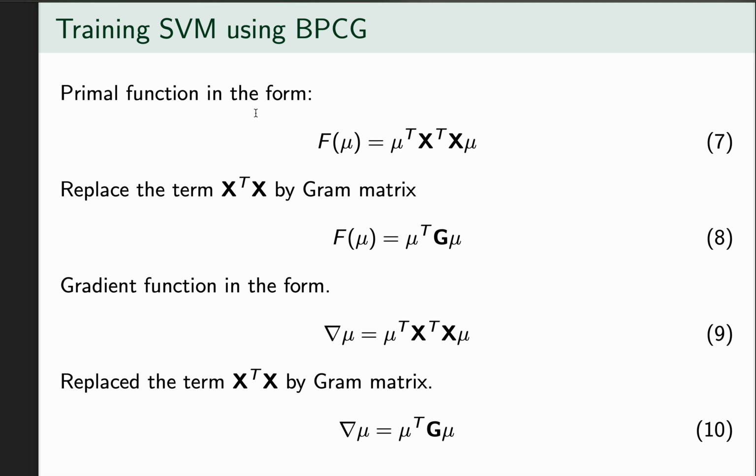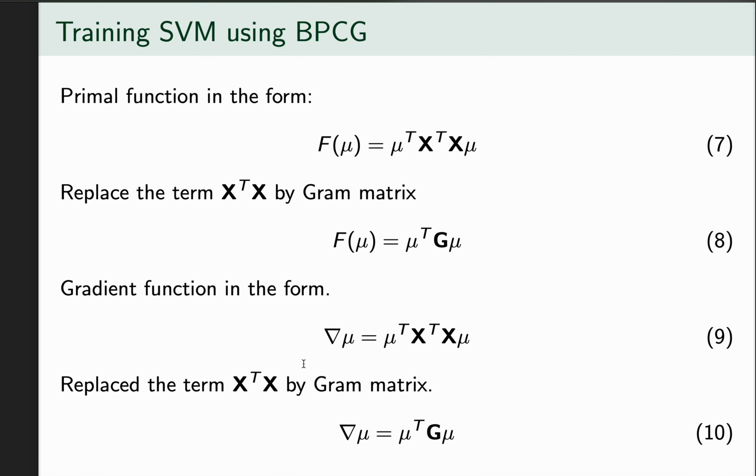The primal function we use here is μ transposed, dot product with the kernel matrix and with μ. The gradient function is in equation 9. I will use the kernel matrix for faster computation instead of using the data matrix S.